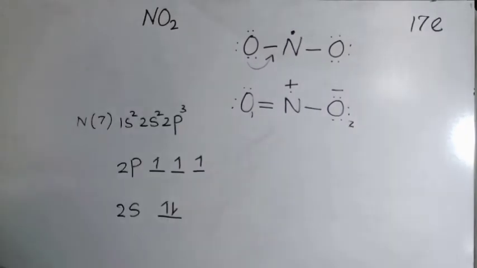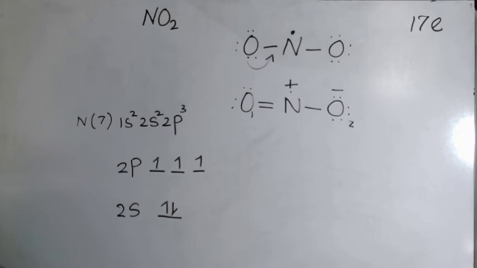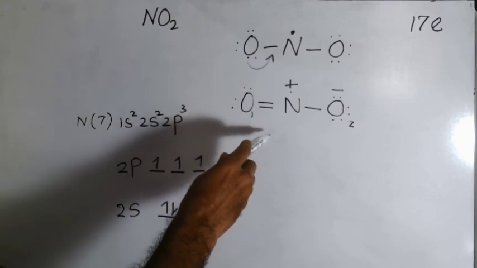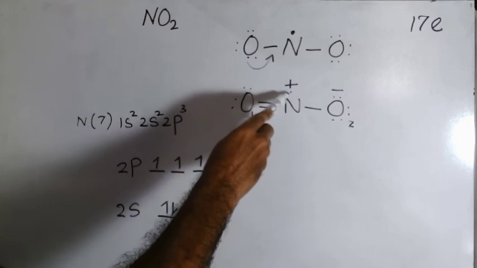Now we will consider the hybridization of the nitrogen atom. So we can see there are 3 electrons in the p sub-energy level and 2 electrons in the s sub-energy level. So when we consider this nitrogen atom here, it has a positive charge, and in its valence shell there are only 4 electrons, 2, 3 and 4.